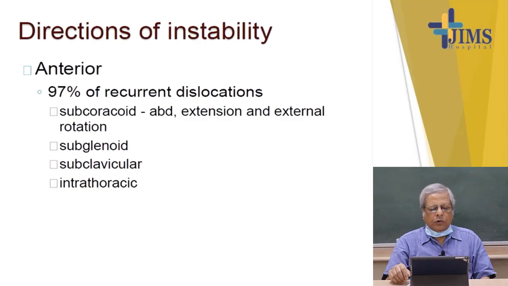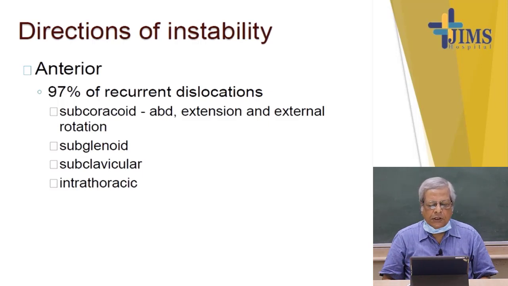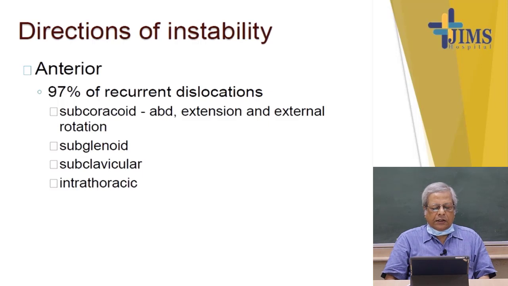Most commonly, the humeral head after dislocation comes to lie under the coracoid process. It is called a subcoracoid dislocation. Subglenoid is rare. Subclavicular is also extremely uncommon. And intrathoracic needs a very, very high energy injury. It's extremely uncommon.